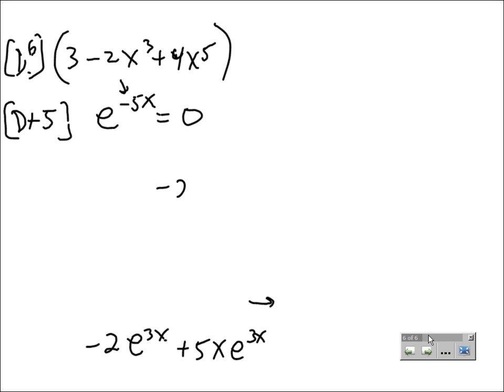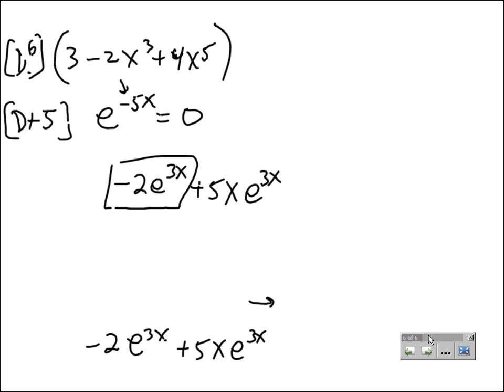Now, what will annihilate this? Well, first let's copy it down, right? What will annihilate this? Now first, let's just talk about annihilating this. What you need to remember is that something that annihilates the function will annihilate the constant times the function.